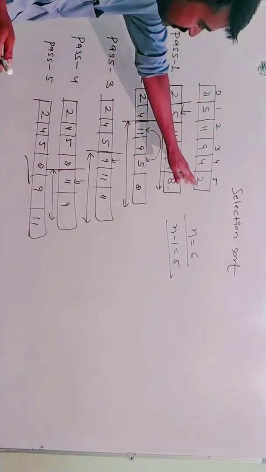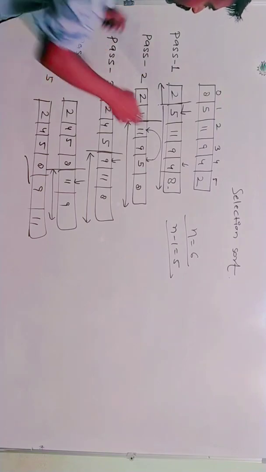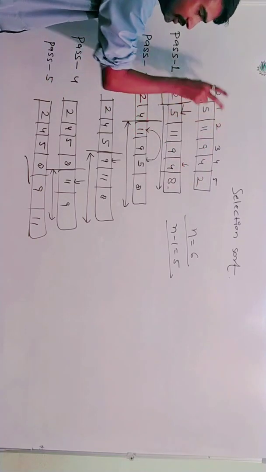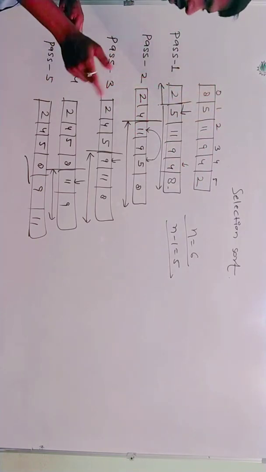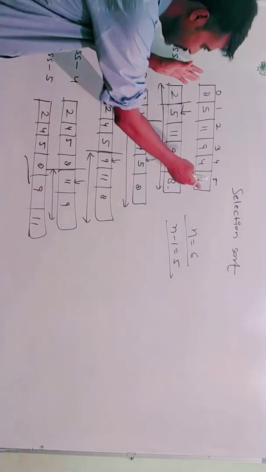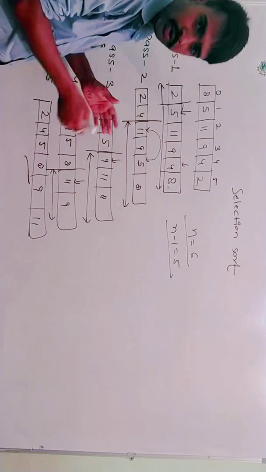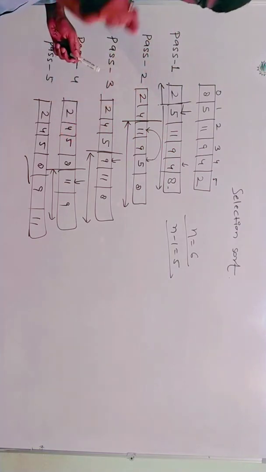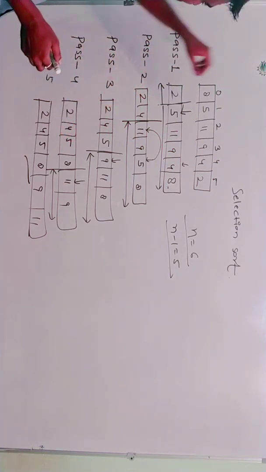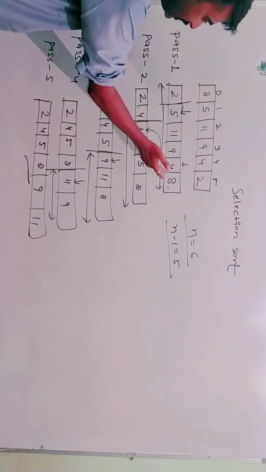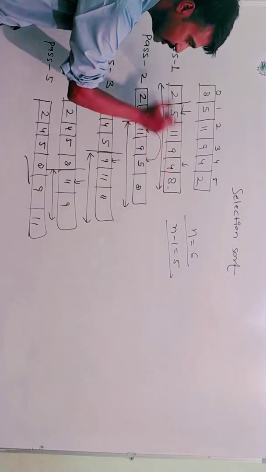The smallest element is 2. Now, 2 will be swapped with the first element of the unsorted array, that is 8 here. So, 8 will be replaced with 2.